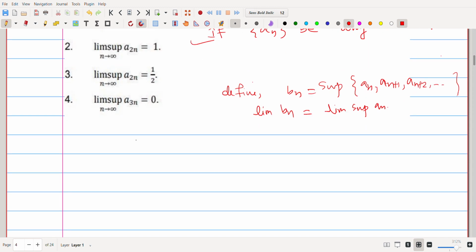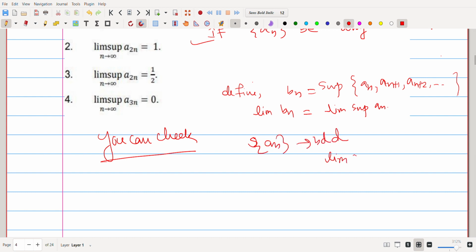So if a_n is bounded, you can assume it as a theorem. You can see the proof in any book that if a_n is bounded, then lim sup of a_n is the same as the supremum of limit points of a_n.